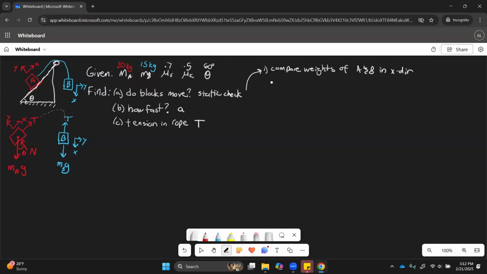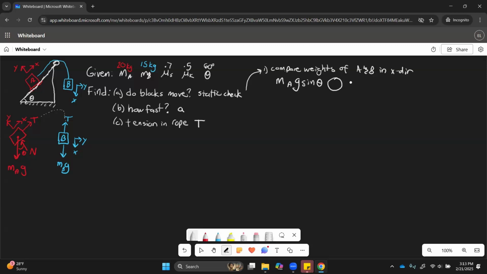To do that, we calculate mass of A times g times the component of A's weight pointing along the plane, that's the component in the X direction, which is the sine of theta.